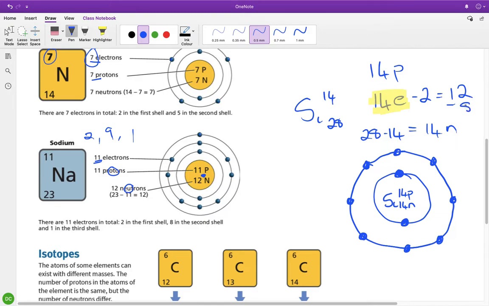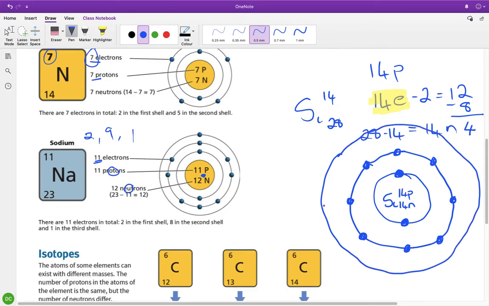So now I've allocated another 8, which leaves me with 4. So I'm going to need another energy level: 1, 2, 3, 4. Now if I count them up, I should have 14: 1, 2, 3, 4, 5, 6, 7, 8, 9, 10, 11, 12, 13, 14.